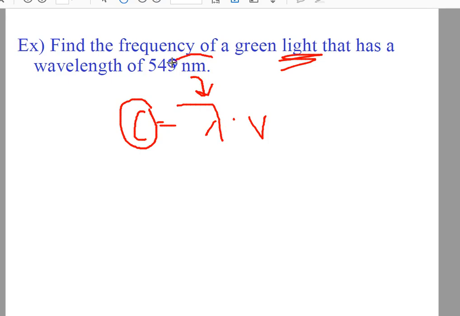However, the wavelength is in nanometers, so that's going to cause us some trouble. What is a nanometer? 1 times 10 to the 9th nanometers equals 1 meter. So we're going to have to use that conversion factor to figure out how many meters that is, and from there we can find the frequency.